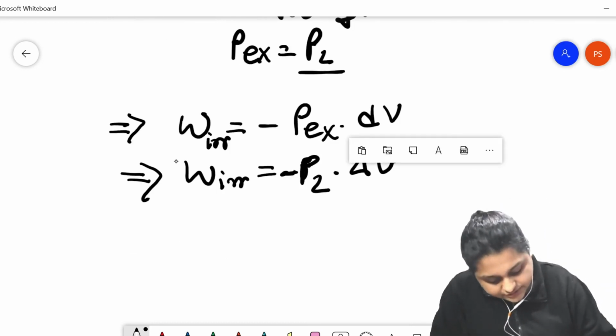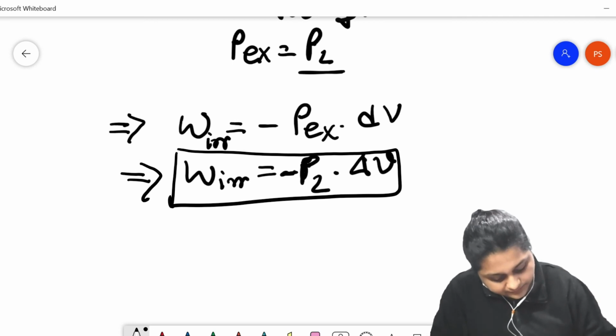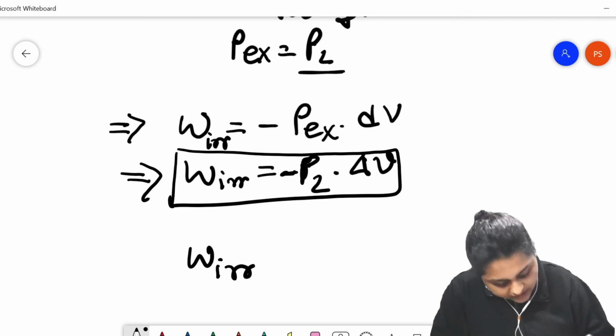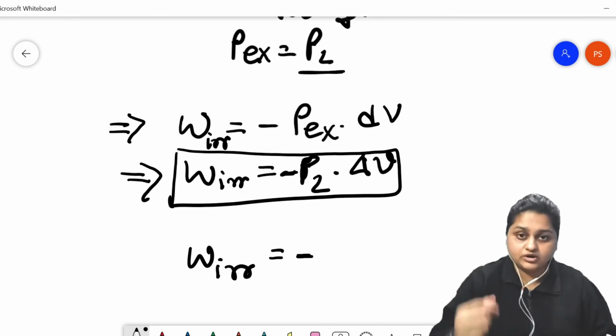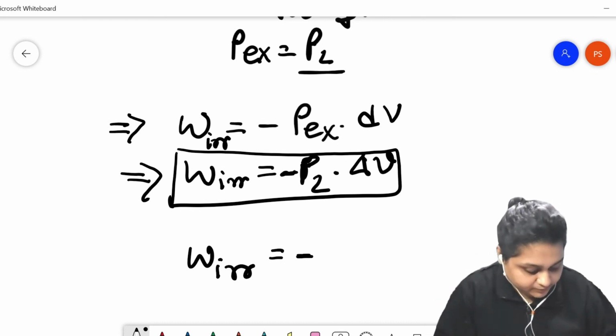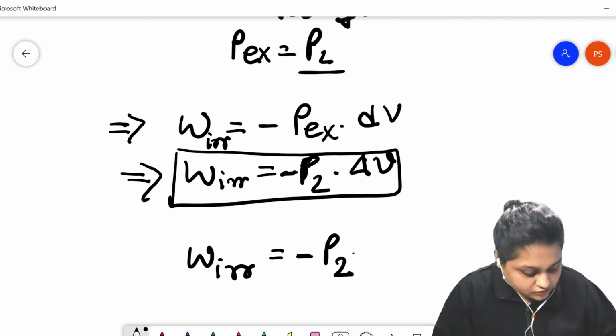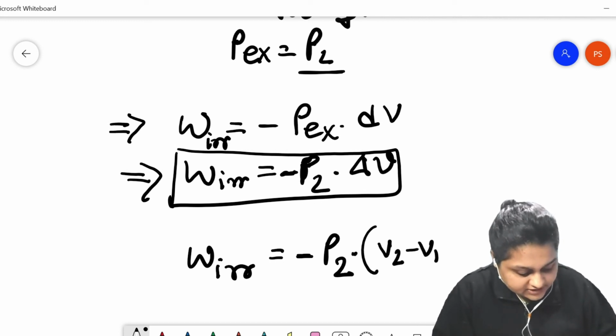So the expression becomes: W irreversible, the total work done by the system for this irreversible process, equals minus P2 into V2 minus V1.